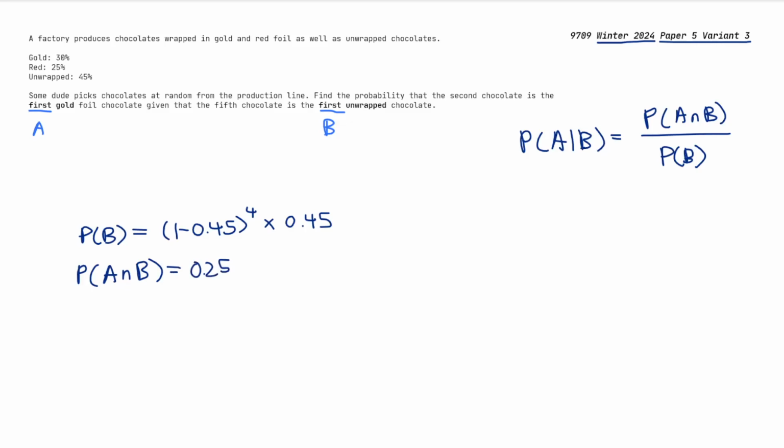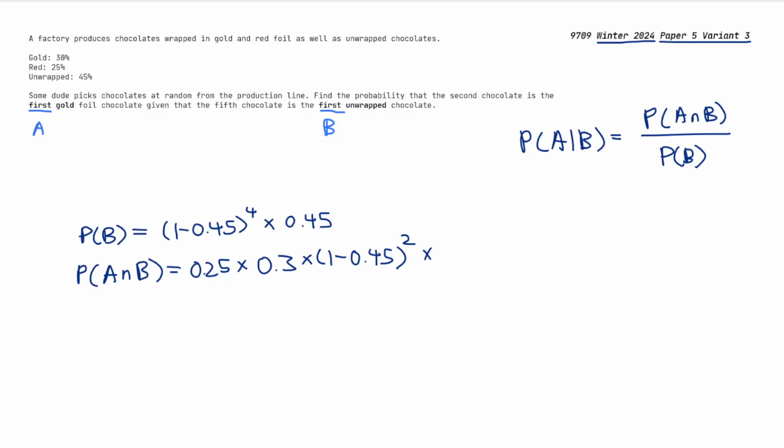So the first chocolate is both not unwrapped and not gold, and the only other possibility is red, so it's going to be 0.25 times the rest of the probabilities, because the first chocolate must be red and the second chocolate must be gold because of event A.